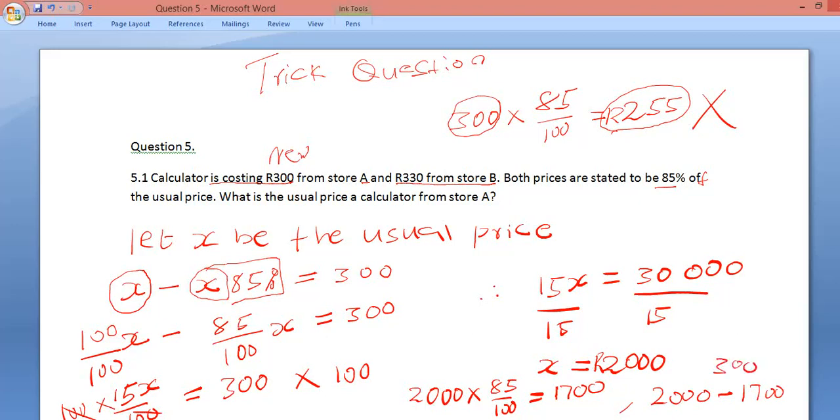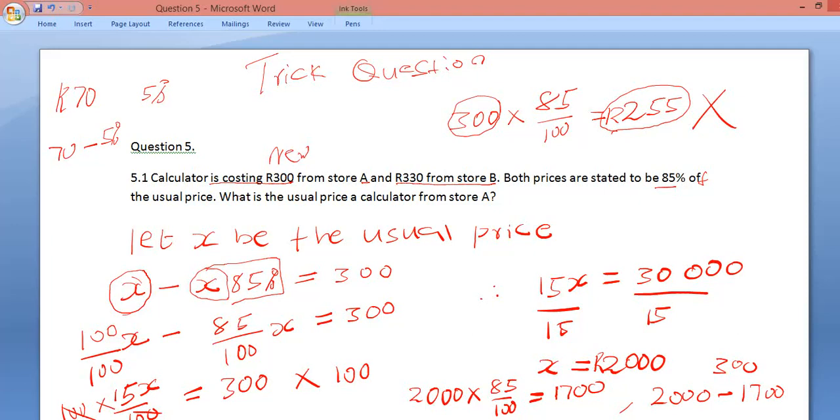So the trick here is we're looking at an original price. This is how we normally calculate the percentage. If they're taking something off, let's say something at the shop was 70 rand, and they're saying it is 5% off. So what will happen? It will be 70 rand minus 5% of this 70 rand.